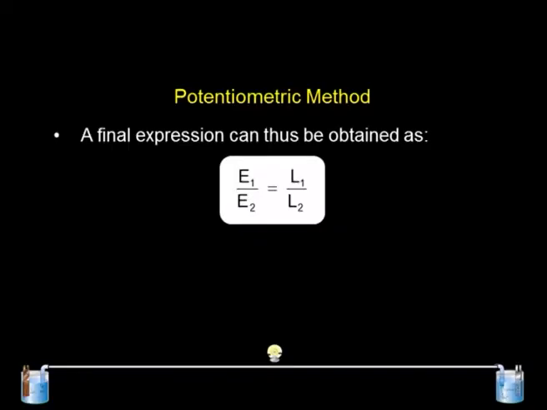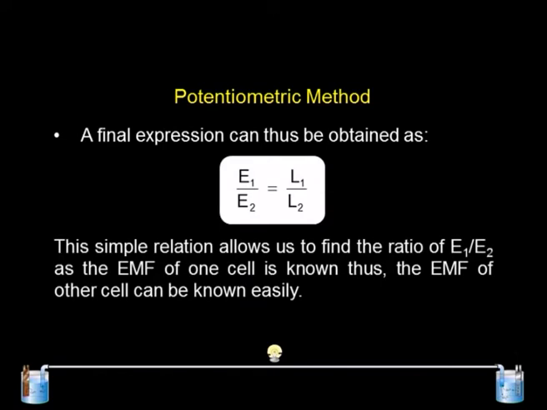A final expression can thus be obtained as E1 by E2 is equal to L1 by L2. This simple relation allows us to find out the ratio of E1 and E2, and as the EMF of one cell is known, the EMF of the other cell can be calculated easily.